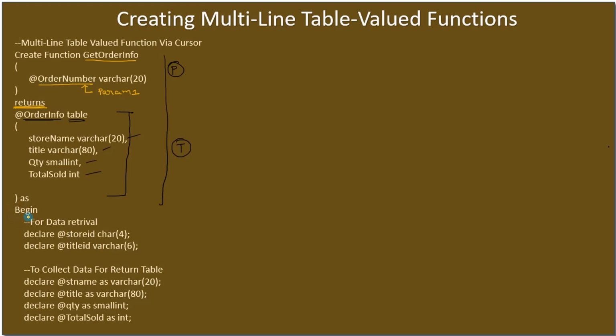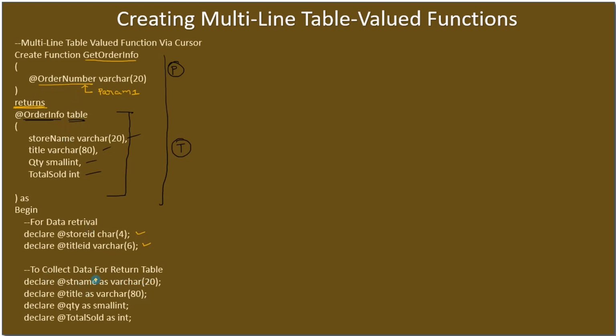Now we are beginning the body. For data retrieval, we declared 2 variables: store ID and title ID. To form this table that we are going to return, the incoming one is the order number.